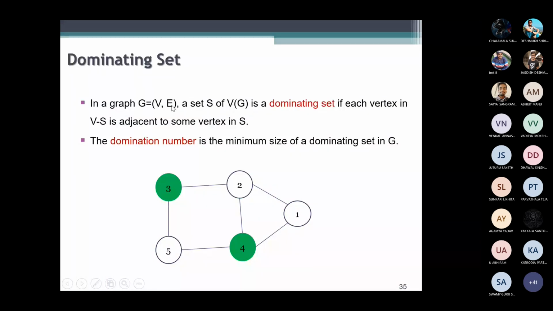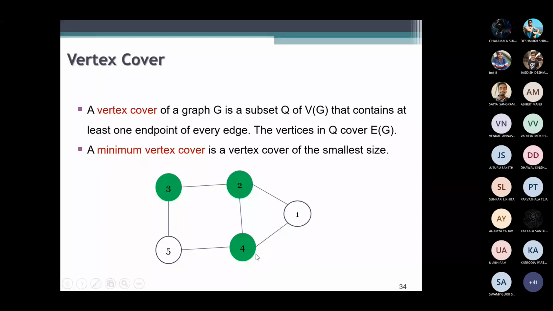Dominating set. In a graph G(V, E), a set S of V(G) is a dominating set if each vertex in V minus S is adjacent to some vertex in S. So basically, a vertex cover is a subset of vertices where every edge is incident to any one of them.